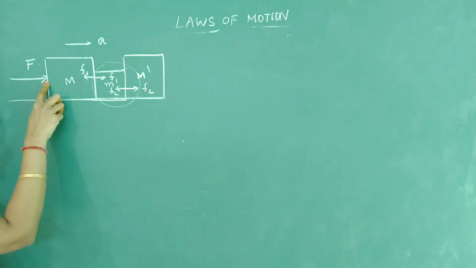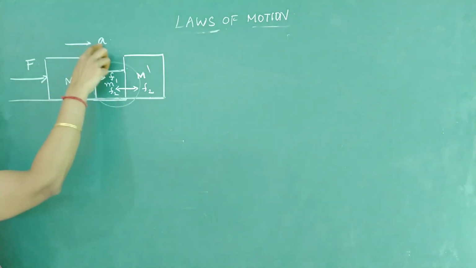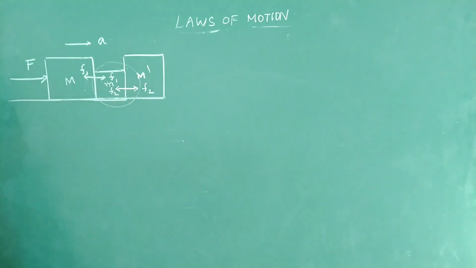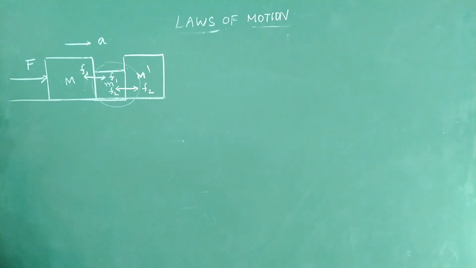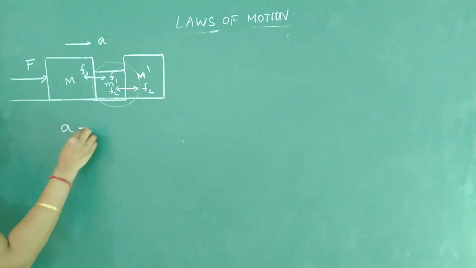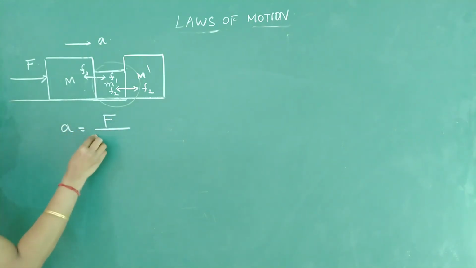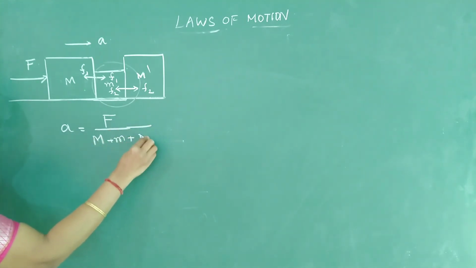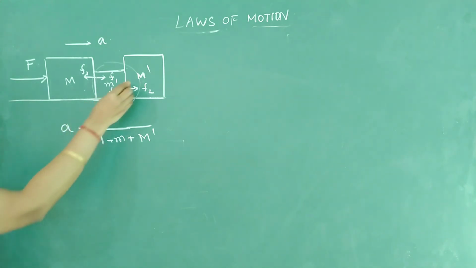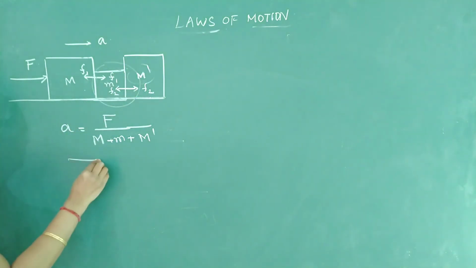You are applying a force F. Acceleration is A. Sum of all the masses, capital M plus small m plus capital M dash. So acceleration is net force by sum of the masses. Okay. Now for this block, I will write the free body diagram.